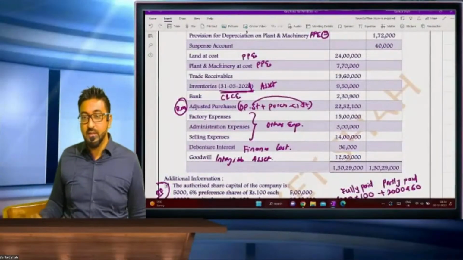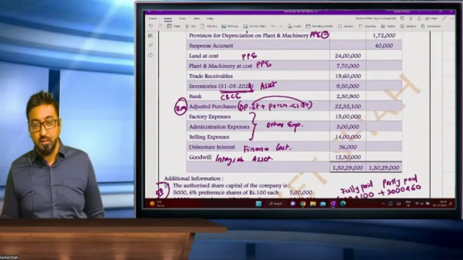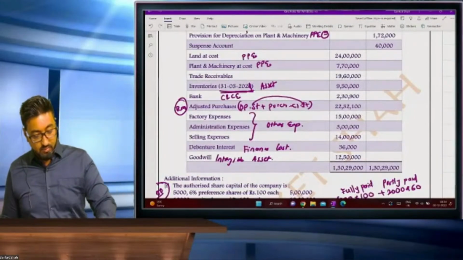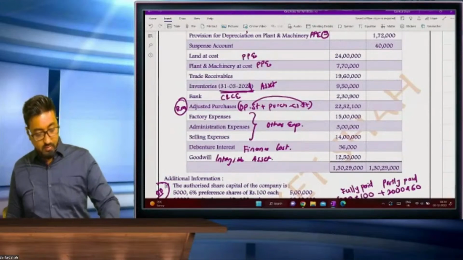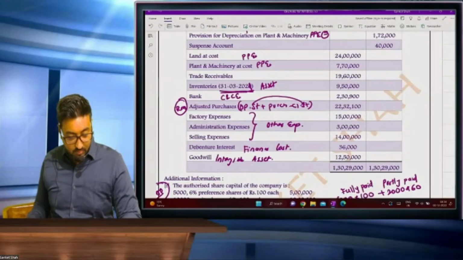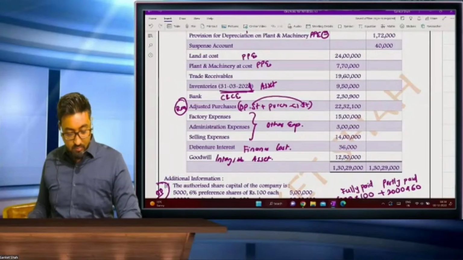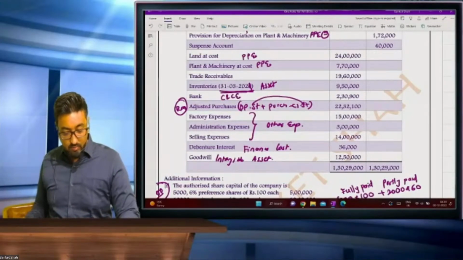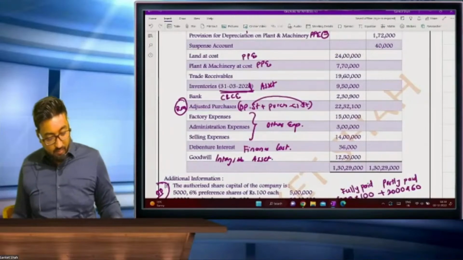So this date is not opening, this date is closing. Okay.